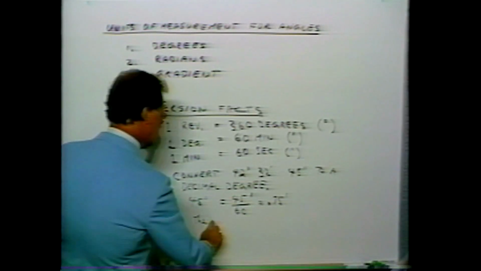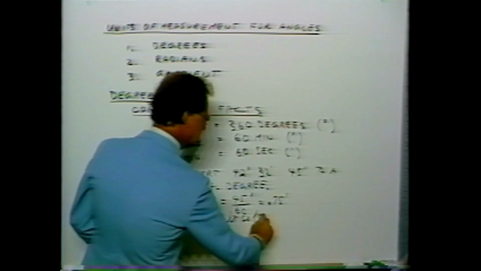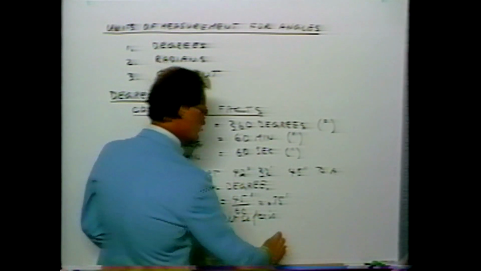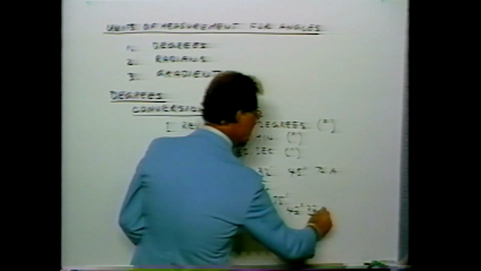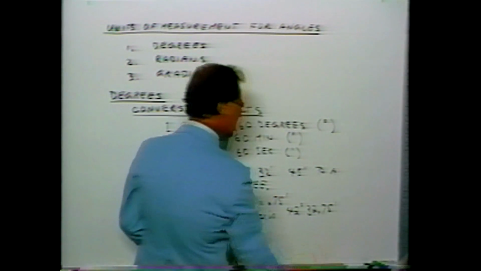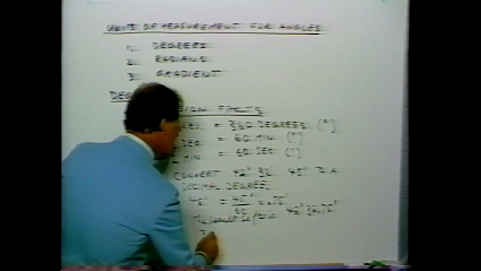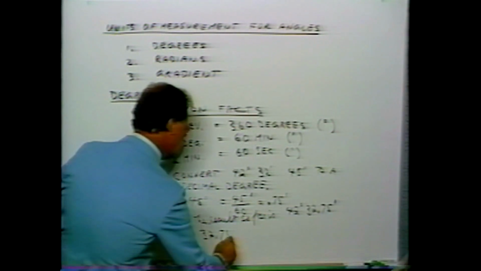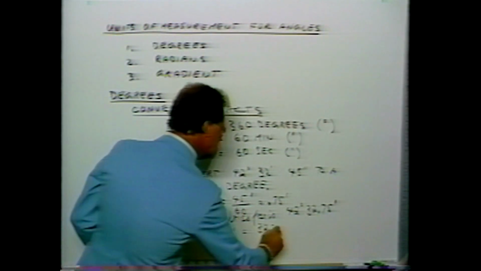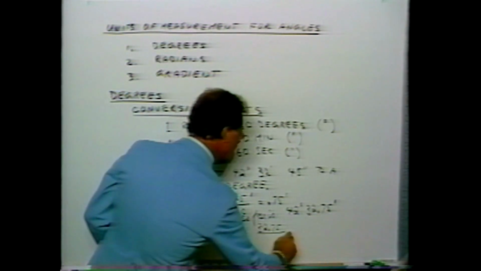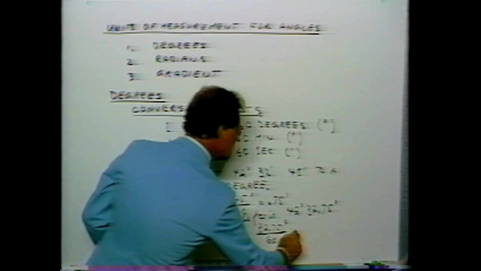32.75 minutes. The result so far is 42 degrees, 32.75 minutes. Continuing then, we have that 32.75 minutes is equal to 32.75 over 60 degrees.